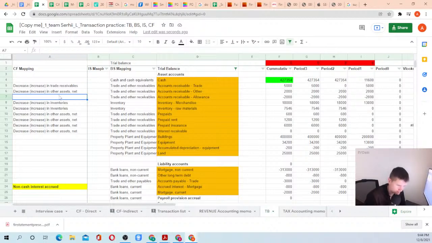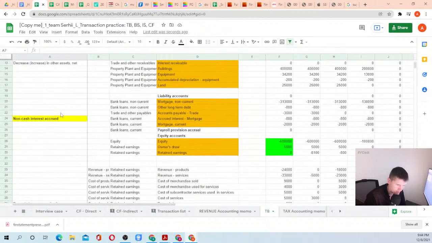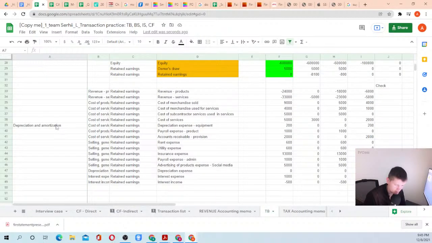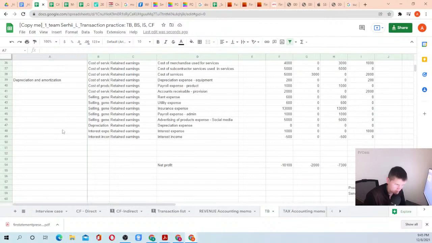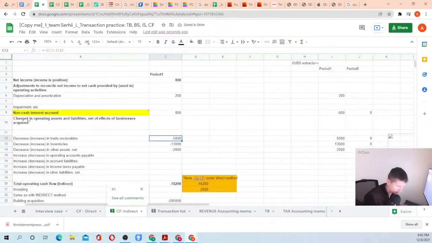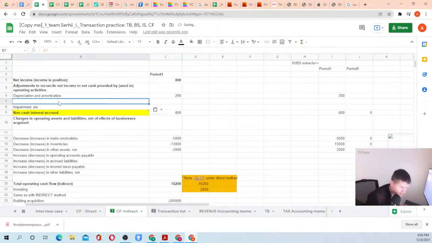Let's map allowance in here. Let's even call it bad debt expense to make it more clear, and let's map it to cash flow this way, and let's reflect it in here.